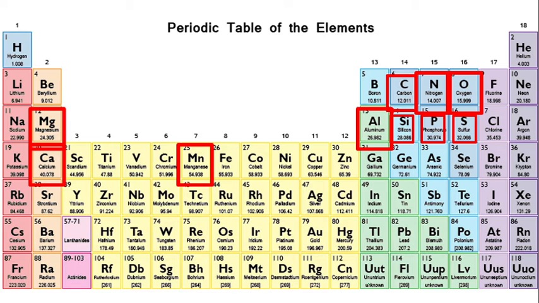Aluminum is about 27, silicon 28, phosphorus 31, and sulfur 32. But the most important is iron, that is 56.